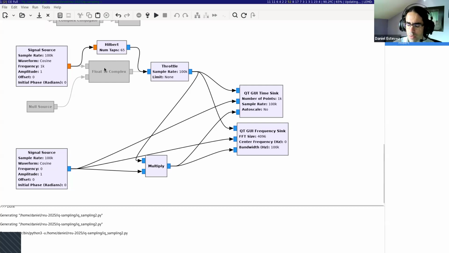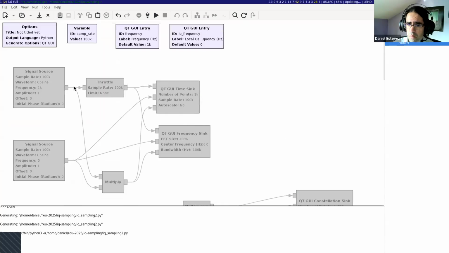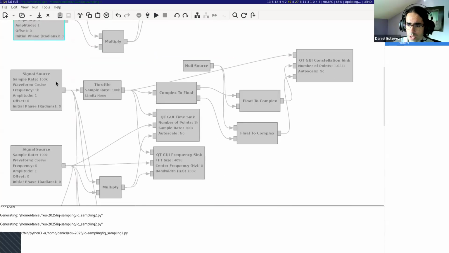This is basically a filter which is removing all the negative frequencies on the input signal as well as it can, and it's never going to be perfect. I will show the example in a second. It is a way of thinking that it is basically doing the same thing as converting from this real cosine to this complex cosine.